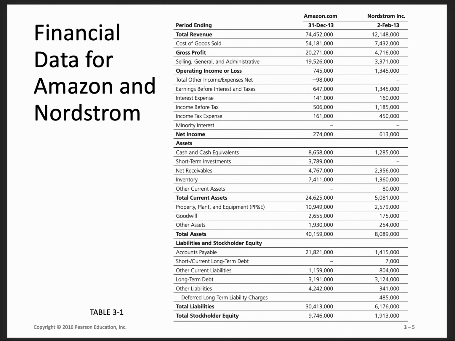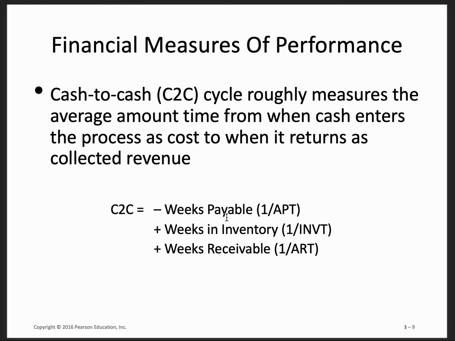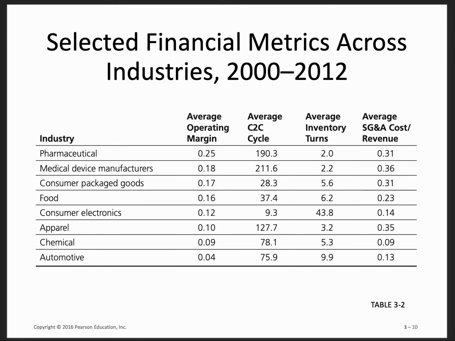But when we calculate cash to cash cycle, we convert that into weeks by multiplying by 52. Obviously, 52 weeks in a year, so you multiply that by 52, you'll end up with a cash to cash cycle. Now one interesting thing is that cash to cash cycle can be negative, which means that you actually make money before you have to pay it, and that's a good place to be, right?